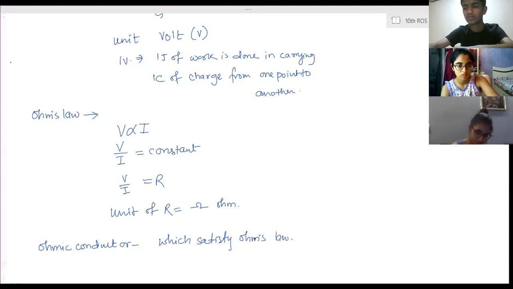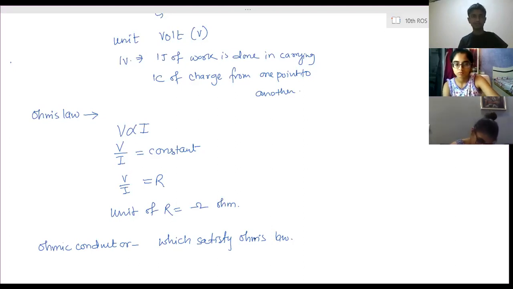Normally all wires are ohmic conductors. There are non-ohmic conductors also. Diodes, triodes, transistors are called non-ohmic conductors because they do not satisfy Ohm's law. There is not a proper increment in potential difference along with the current.